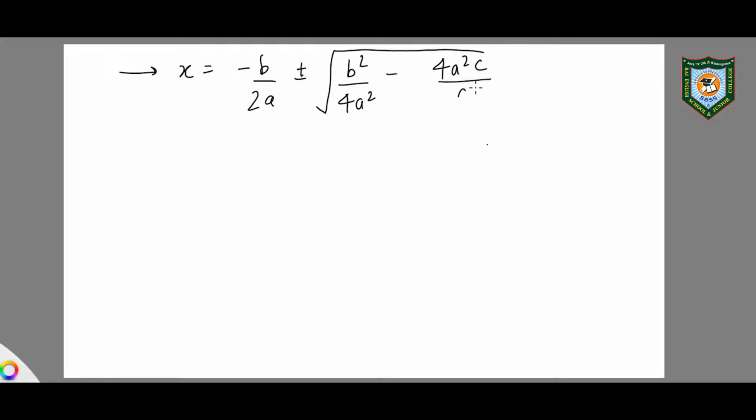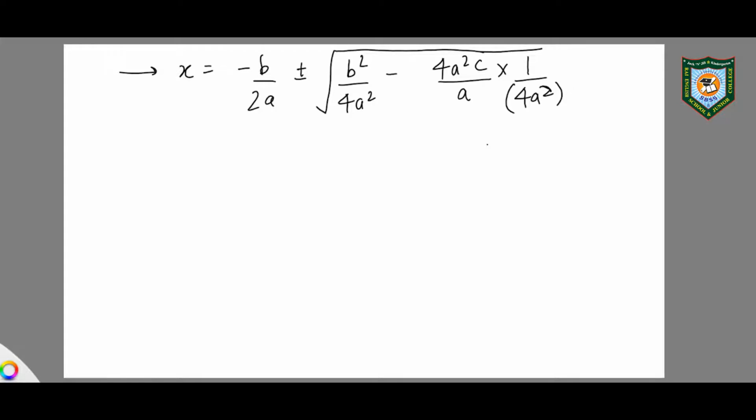So I have x is equals to minus b by 2a plus minus under root b square by 4a square minus 4a square c divided by a into 1 by 4a square.